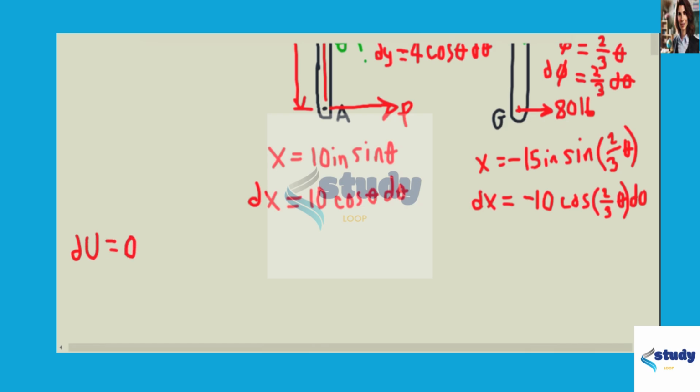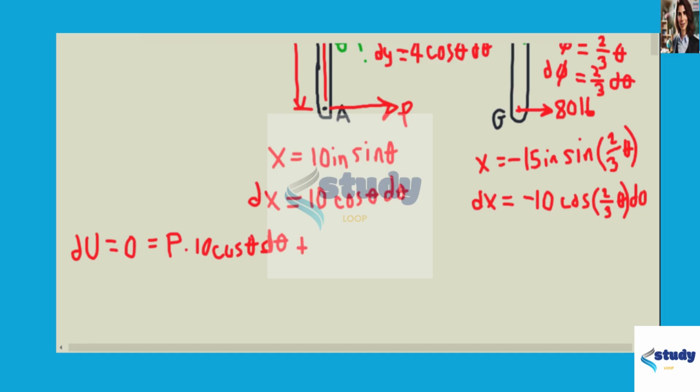All right, so now du, which is going to be 0, is P, which is in the positive x direction, times 10 cosine theta d theta. So that's force times displacement. Okay.